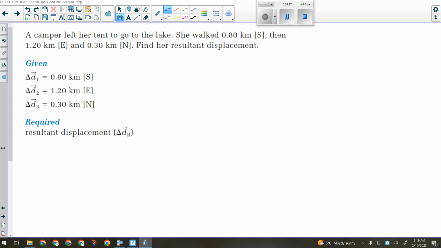In walking around I can see that most people have the diagram drawn correctly and they have the magnitude of the result. What do we also need? We need the direction because it's a vector quantity. You guys did a good job with this. She went 0.8 kilometers south. So she started here, went 0.8 kilometers south, and then she turned and went 1.2 kilometers east.